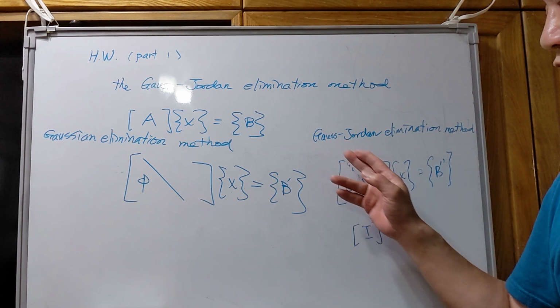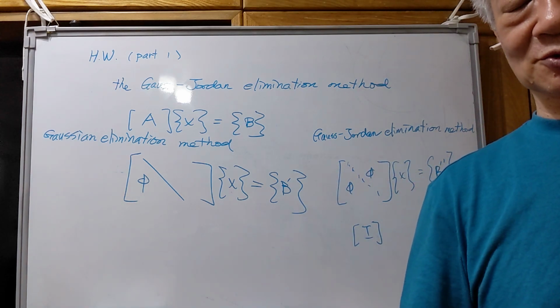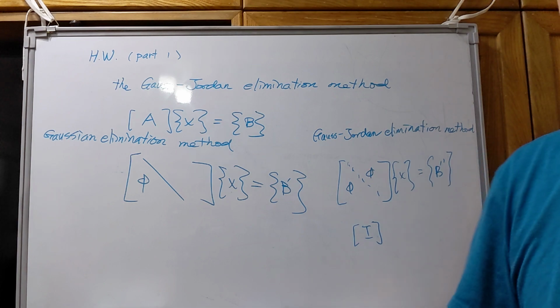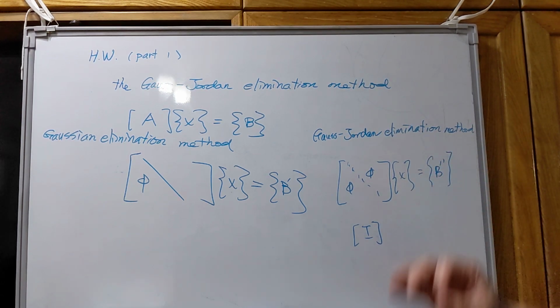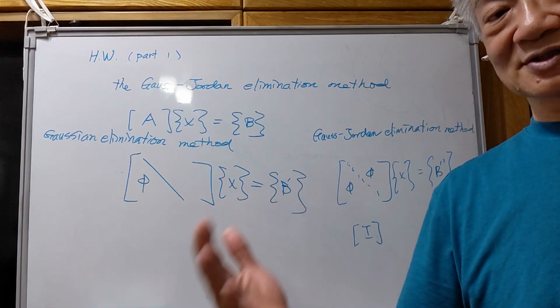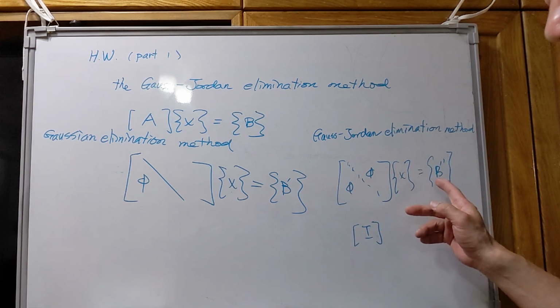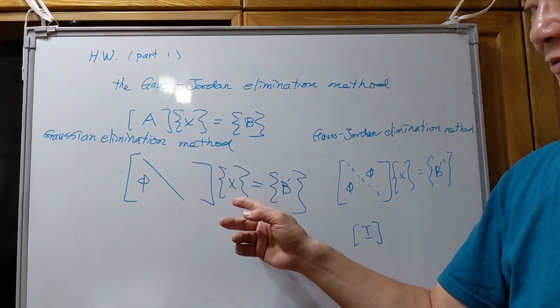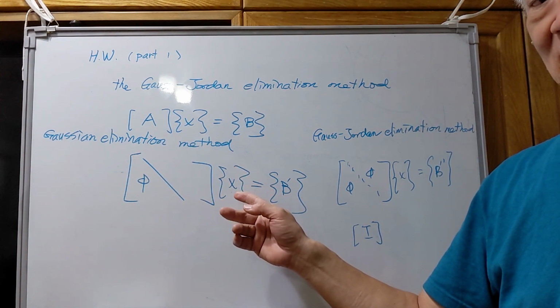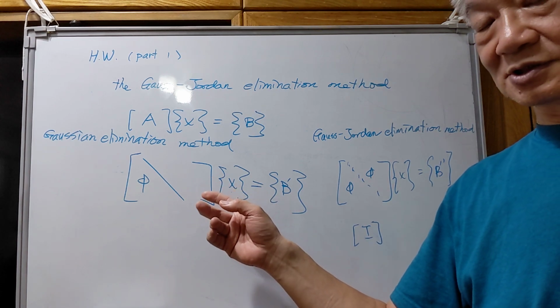So after you do the forward elimination, since the coefficient matrix has already been modified to the unit matrix, the unknown vector x will be equal to the right-hand side vector, that is, x is equal to b double prime. But if we use the Gaussian elimination method, for the elements in the x vector we need to use backward substitution.